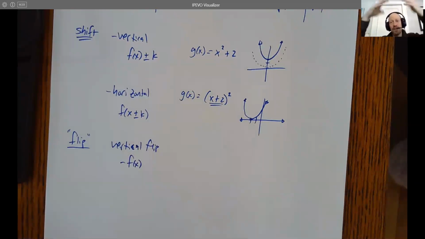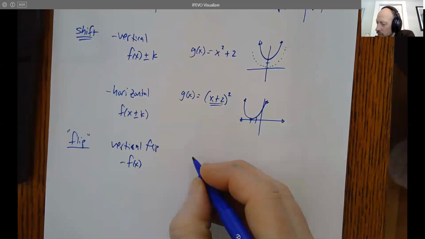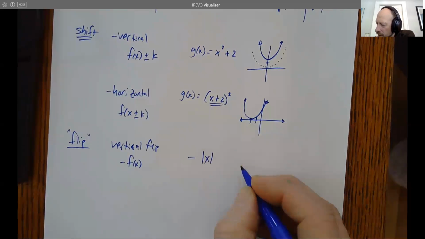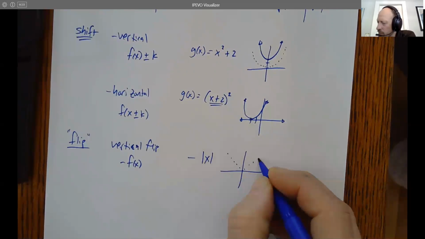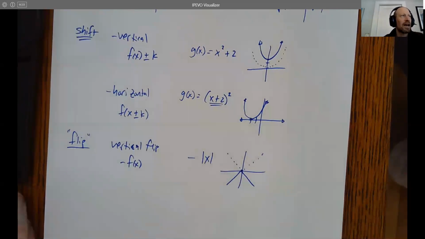So it takes all the positive values and makes them negative, and it takes all the negative values and makes them positive, and that's why the function flips. So negative the absolute value of x, that takes all those positive values that I started with and flips it over so that it looks like that.